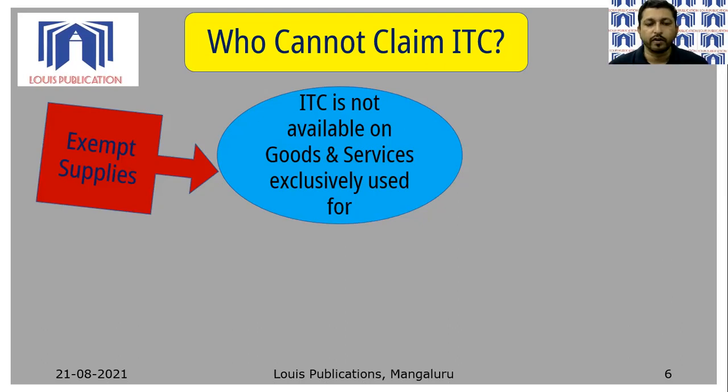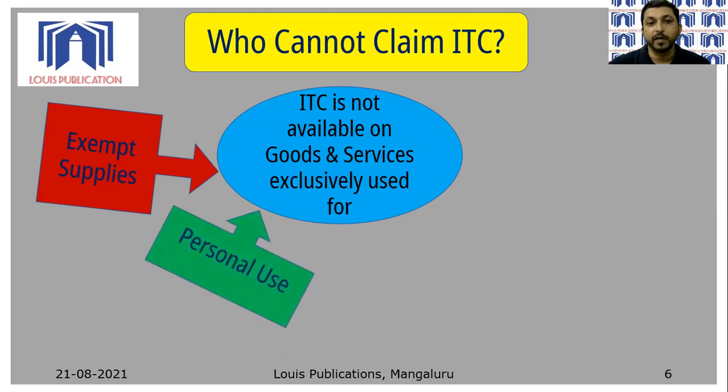There is no question of input tax credit. So on exempt supply of goods or services, no input tax credit is available. Second, which I mentioned, if the goods or services availed are for personal purpose, not for business purpose, input tax credit cannot be claimed at all.